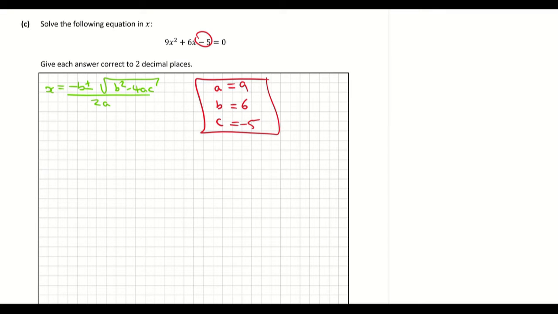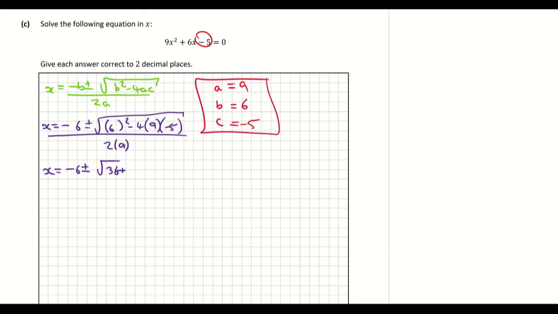And then filling that into my quadratic formula. So x is equal to minus 6 plus or minus the square root of 6 squared minus 4 times a, which is 9, times c, which is minus 5, all over 2 times a, 2 times 9. Tidying up my square root, 6 sixes are 36, minus 4 by 9 by minus 5 gets me positive 180, all over 2 nines, which are 18.